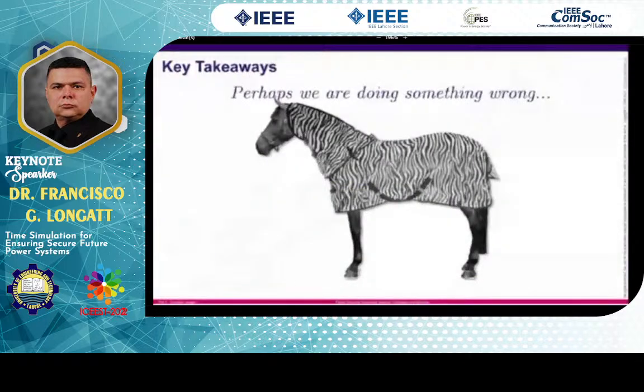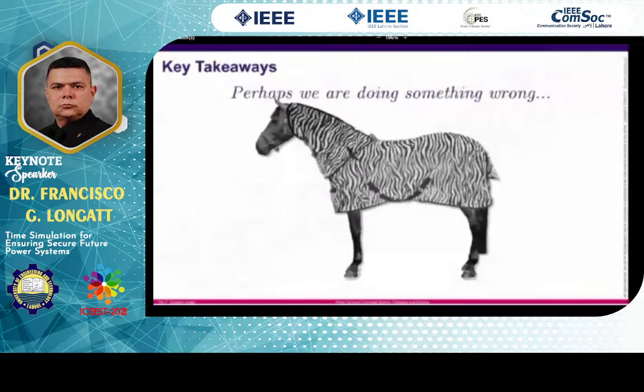The electric industry is changing. And we need to change also the way that we are thinking, the way that we are developing, planning, and operating the electrical systems. Because now we are disconnecting many of those synchronous machines, and we are connecting more of those power converters.